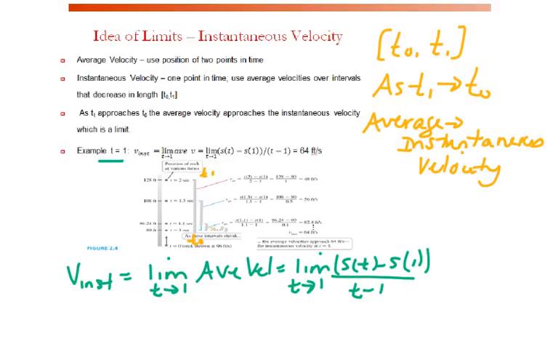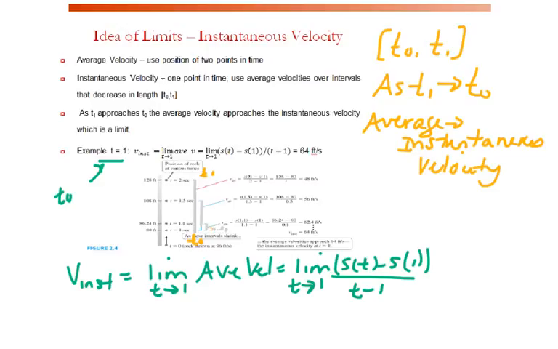So what happened here is your time got closer and closer to 1, which was the initial, t0. As t gets closer and closer to 1, this becomes the instantaneous velocity. So the average velocity is the slope of the secant line.